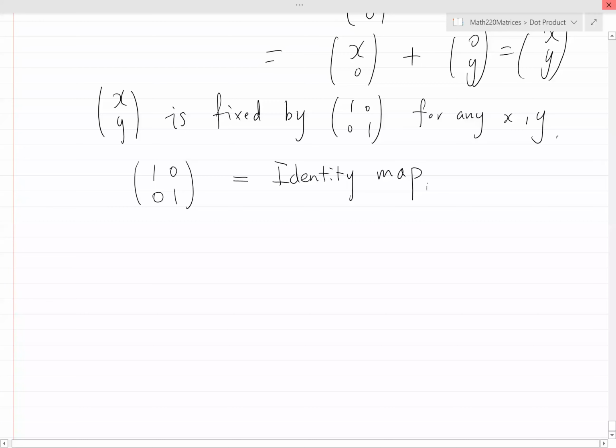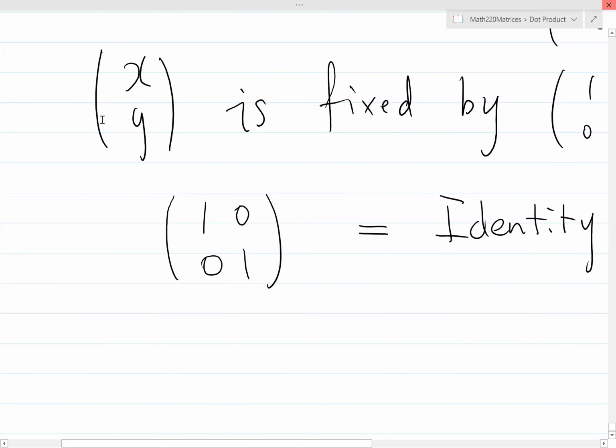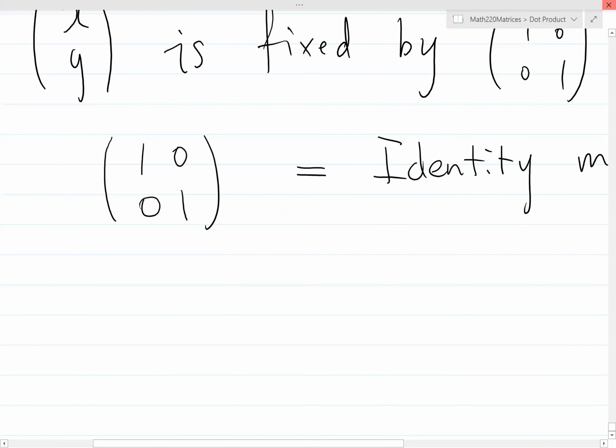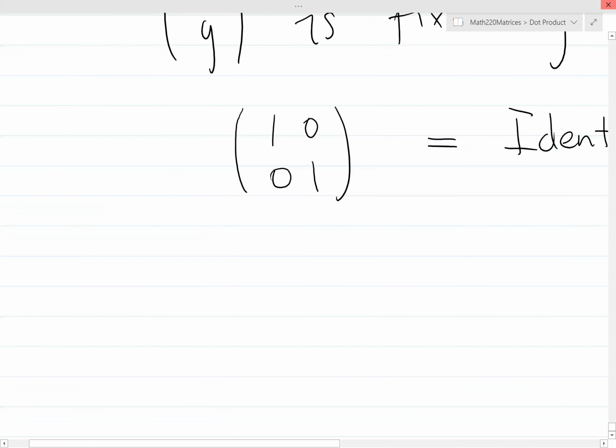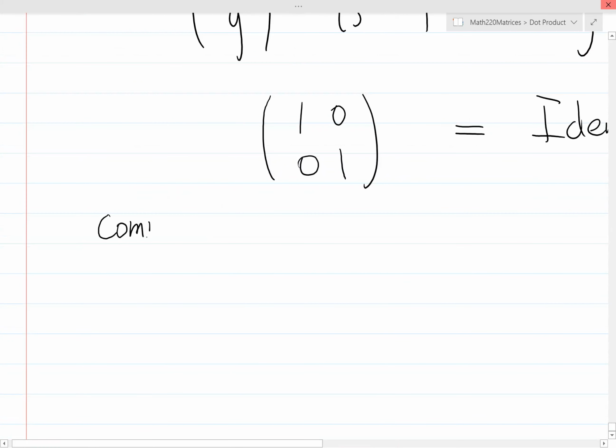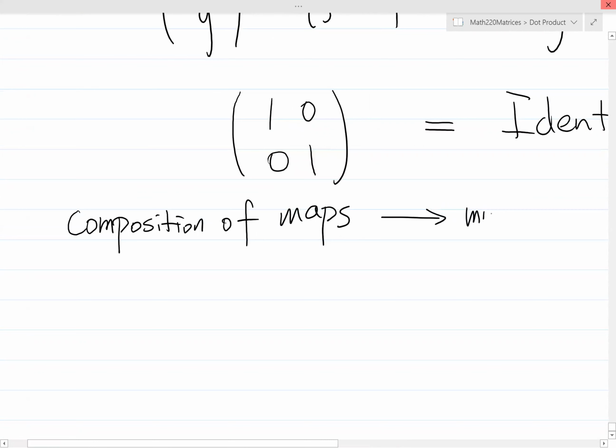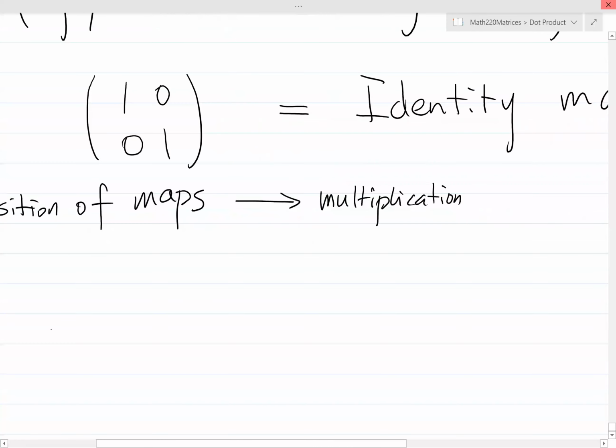So the idea is that composition of maps between vector spaces gives us a multiplication rule for maps, or matrices.